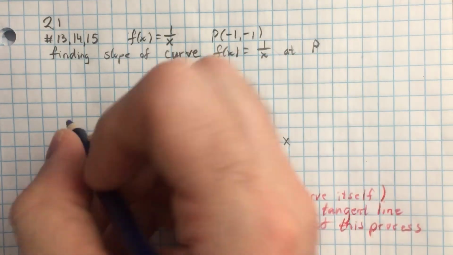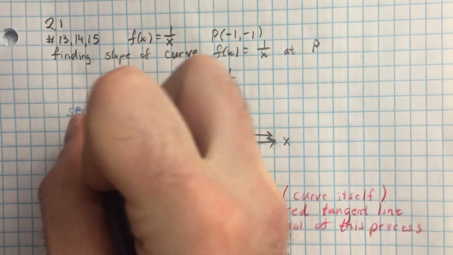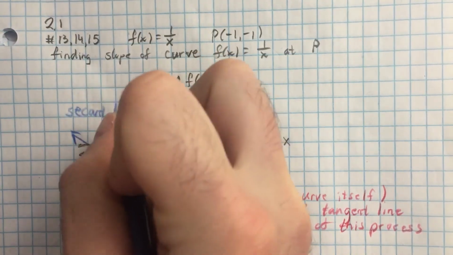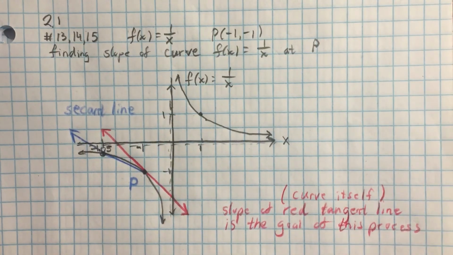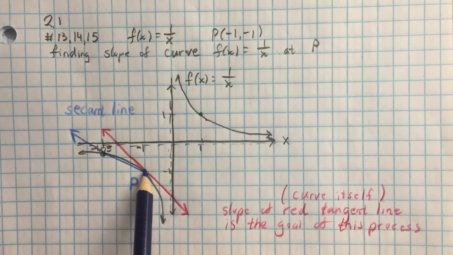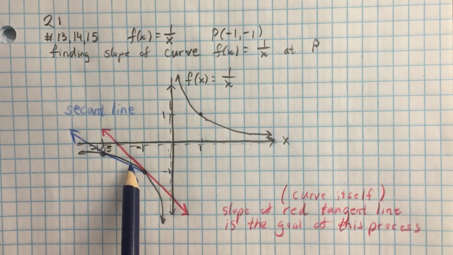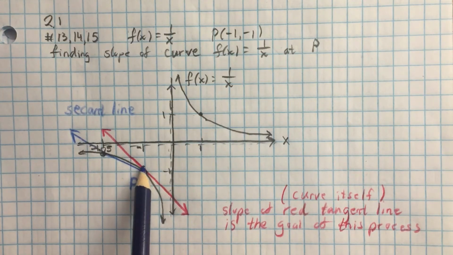So there is a secant line. Okay. So there's -1.05. Drawn between that point and this point, we will have a slope of this secant. The slope of the secant is not the slope of the red line. It is not as steep, you might say, as the red line yet.